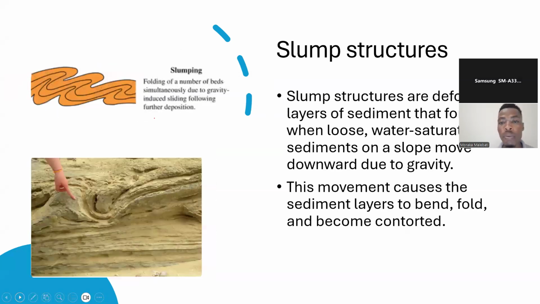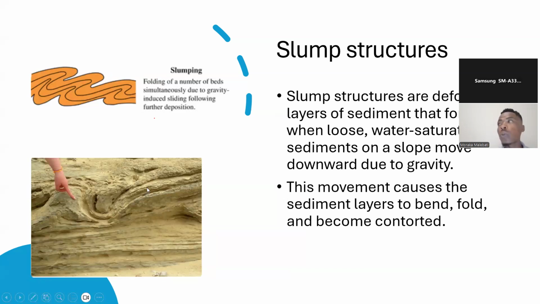And I've got slump. Okay, we know slump is because of the effect of gravity. So slump structures are structures which are basically deformed. They show the deformation. Slump structures are deformed layers of sediment that form when loose water-saturated sediments on a slope move downward due to gravity.